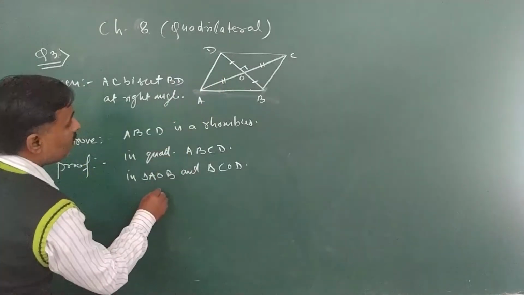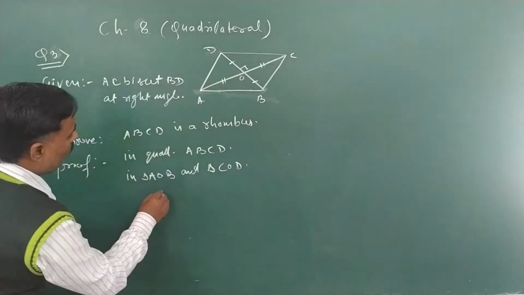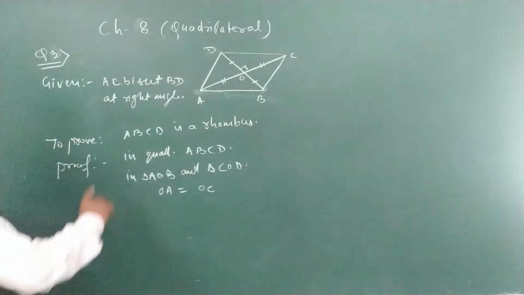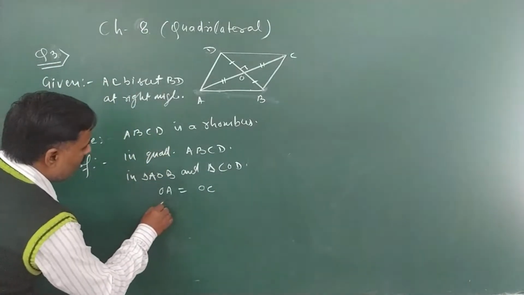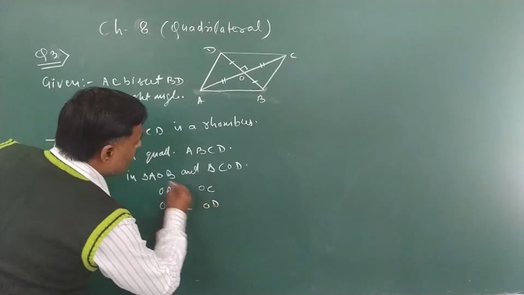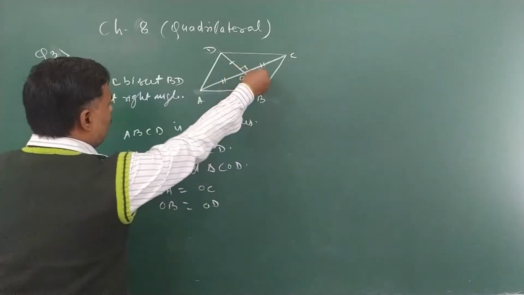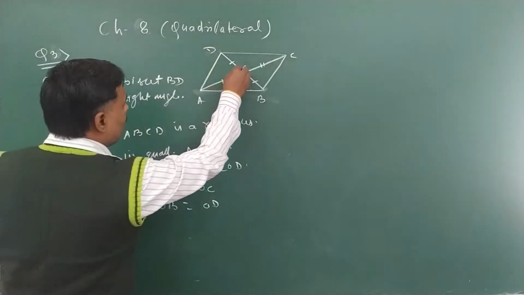We can see here the OA side is equal to OC. OB is equal to OD, and we can say these angles are 90 degrees, or we can say vertically opposite angles are equal.